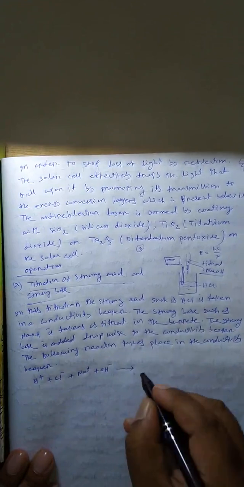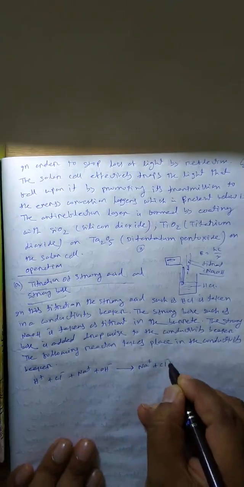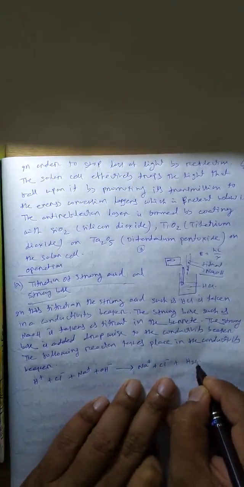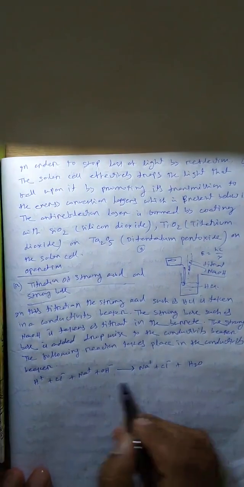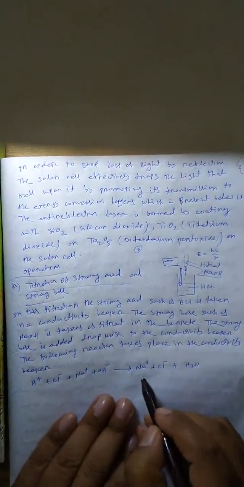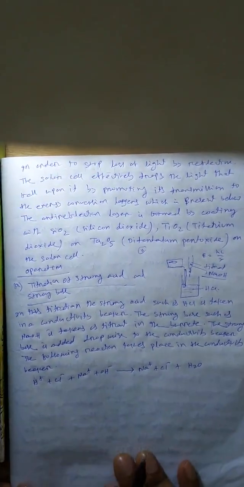When the reaction takes place, it is converted into Na plus Cl minus, which is also strong, and into water, which is feebly ionized. That means when HCl combines with sodium hydroxide to form NaCl plus water, this NaCl in water is converted into Na plus and Cl minus.